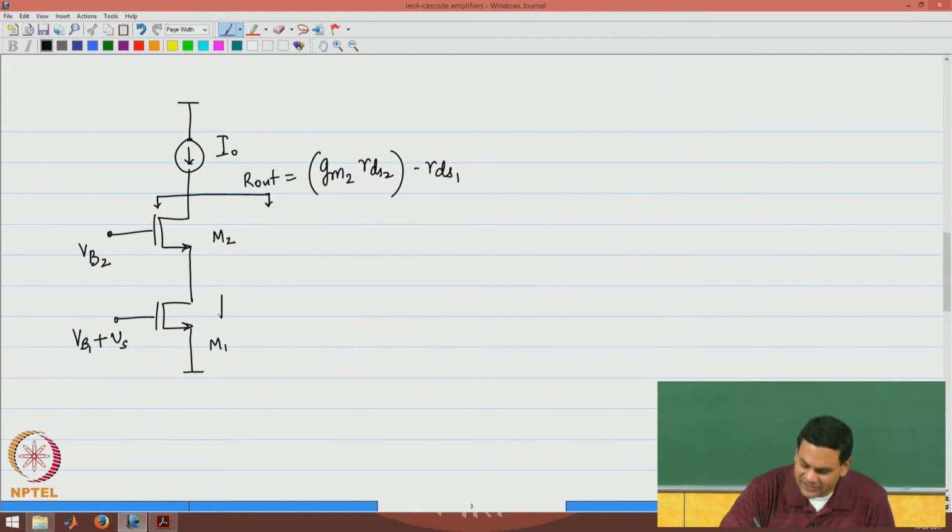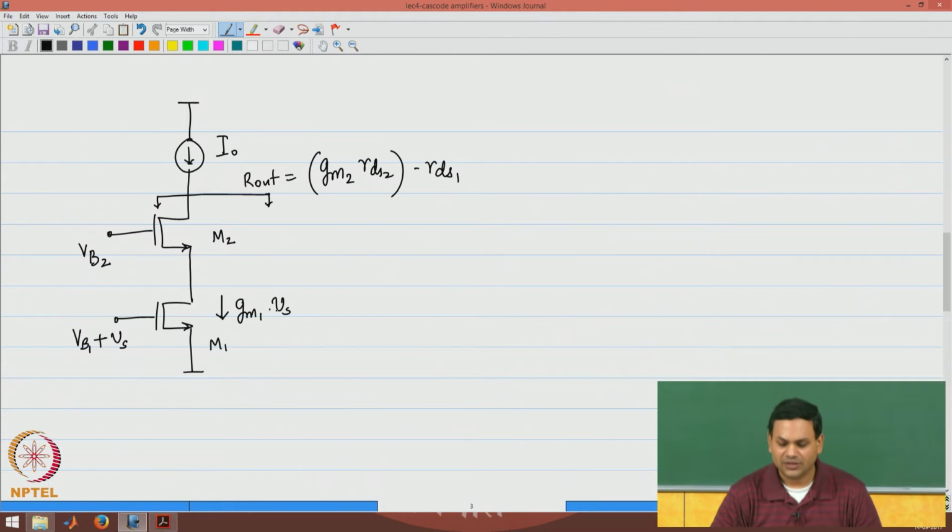The signal current generated inside M1 is GM1 times Vs, and as it turns out, this current also flows through M2 and eventually, since we are loading it with an ideal current source, this signal current has no other path to flow through but the output resistance of this cascode circuit itself.